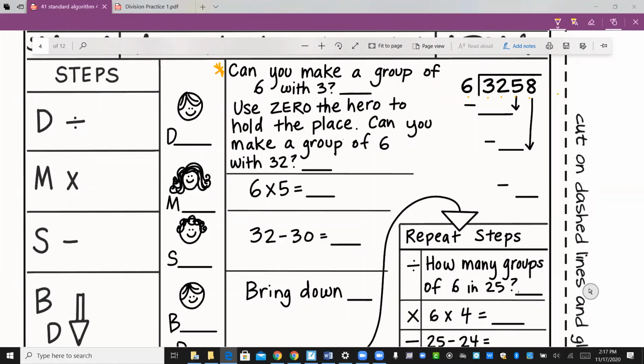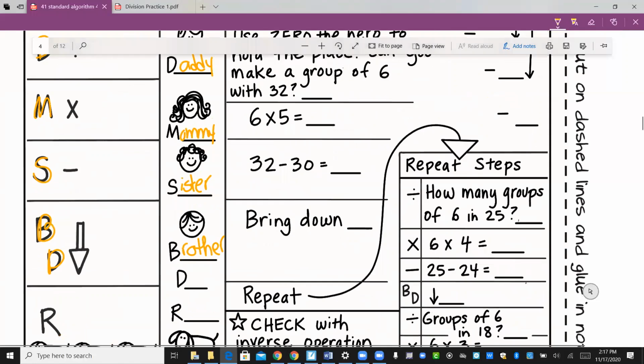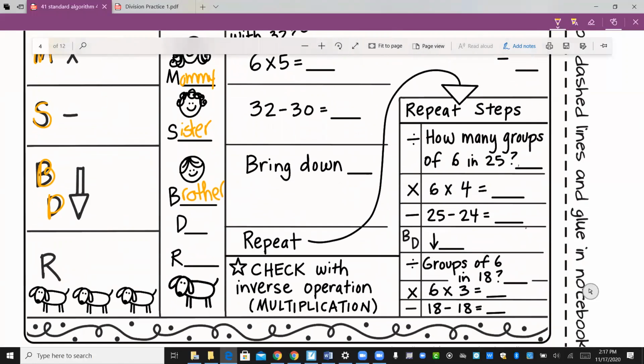So for our steps, we're going to write D for daddy, M for mommy, S for sister, B for brother, D for dog, and Rover for remainder.